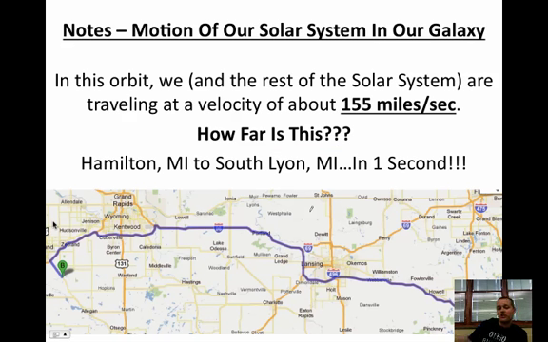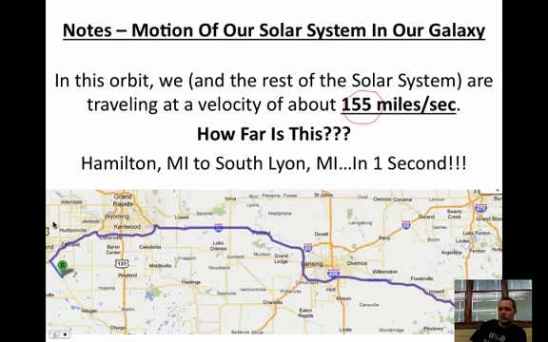So in this orbit, when we're talking about our solar system, we're talking about our sun, how fast is this going? Well, based upon our revolution and our orbit around the central bulge in the Milky Way, we're traveling at about 155 miles per second.